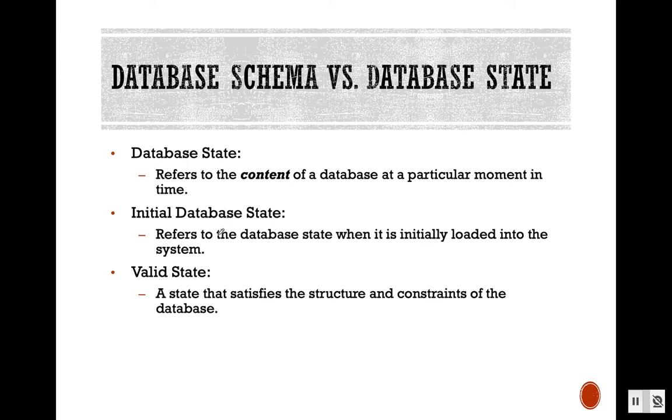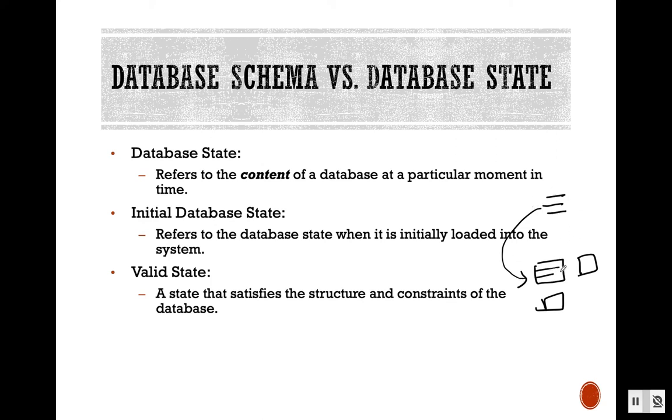The initial database state is when you have just created a few tables and have some initially loaded data. That's your initial database state. Say you created all the tables and initially loaded some records, say from a file or some other method.